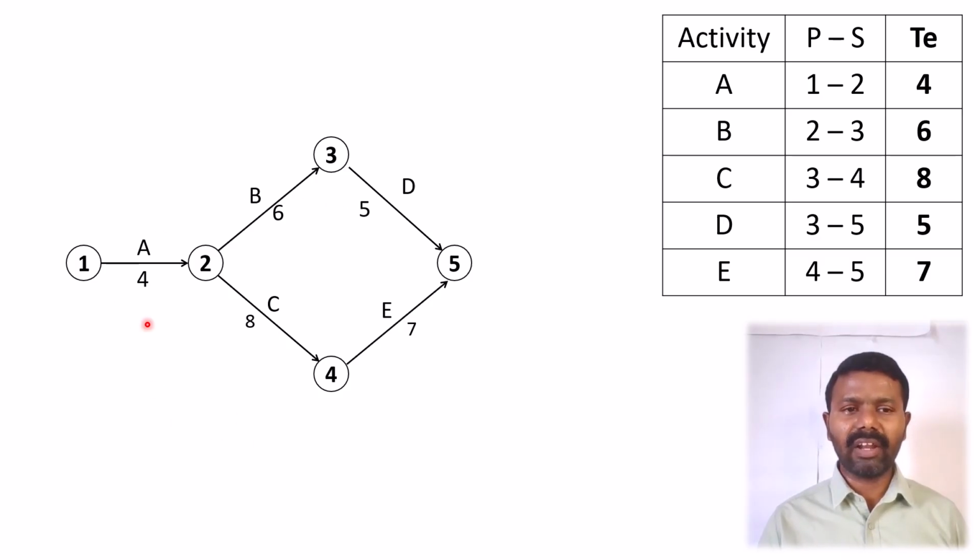So here if you calculate the critical path, you can see the critical path here: 0, 4, 10, 12 and 19. So this path will be the critical path, so that we can draw here.